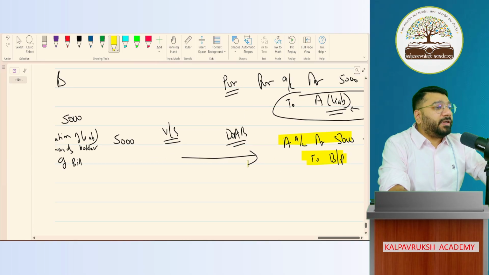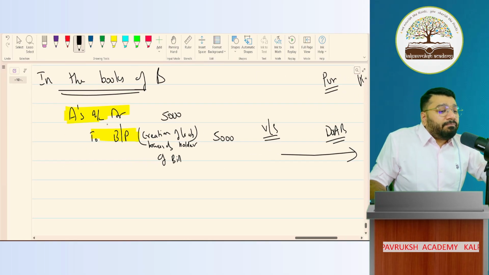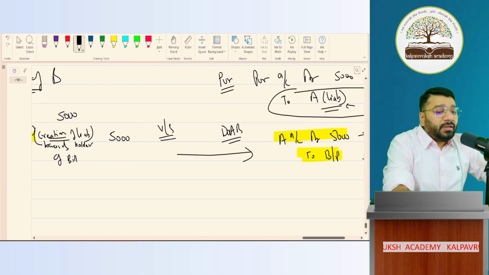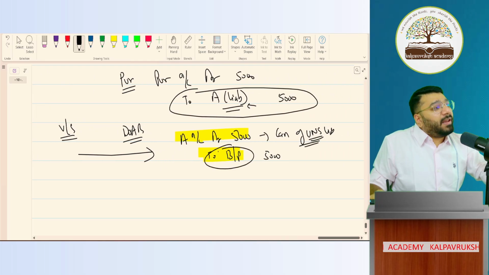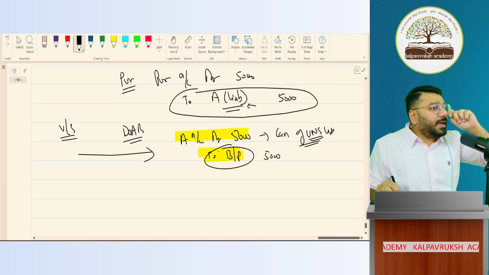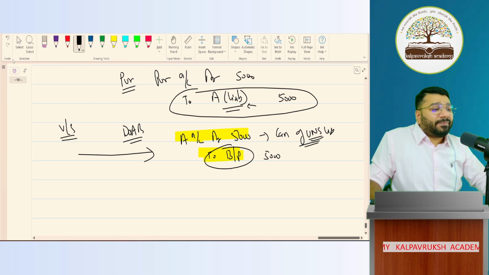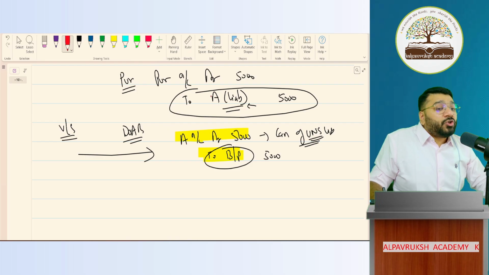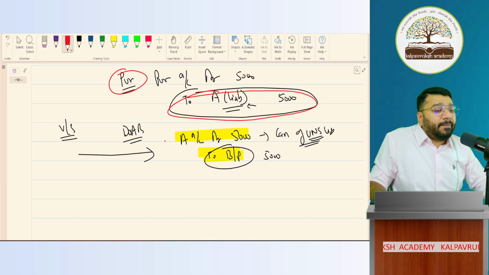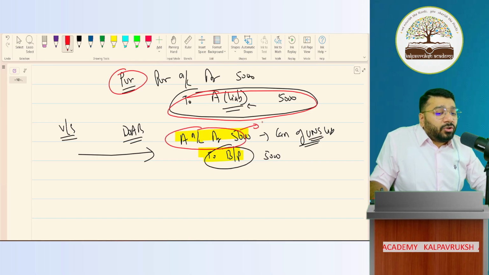The emotion is different. Here what happens? BP is creation of liability. Here also BP is creation of liability. So BP, BP, BR, BR, same emotion. The emotion changes where? In the A part. In the previous purchase transaction, A was creation of liability and this A was closure of liability.